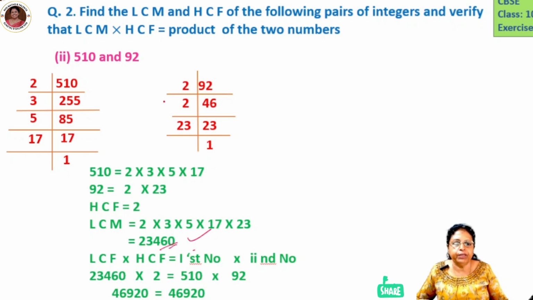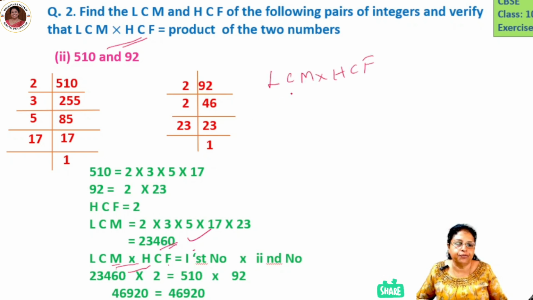Then we have to verify it. Product of LCM and HCF: LCM is 23460 times HCF is 2. Then its product is 46920.